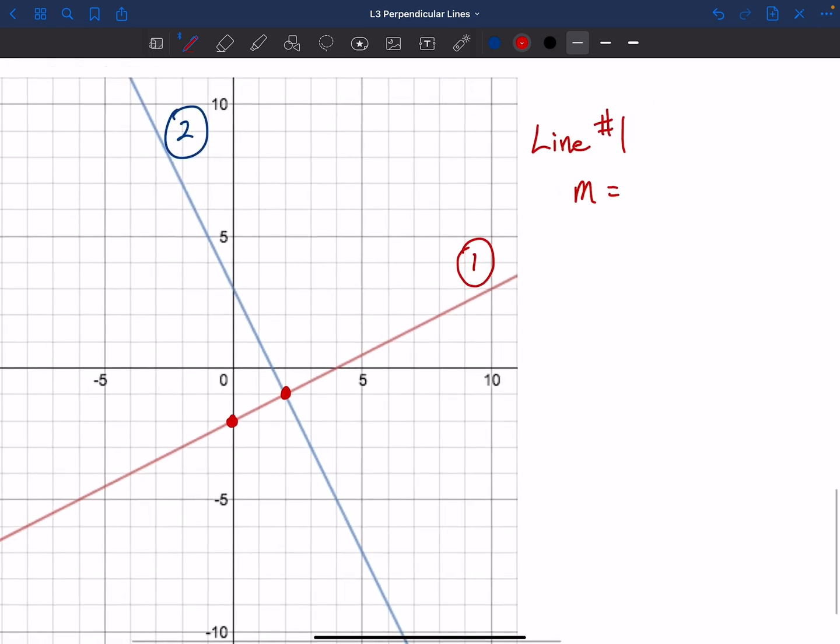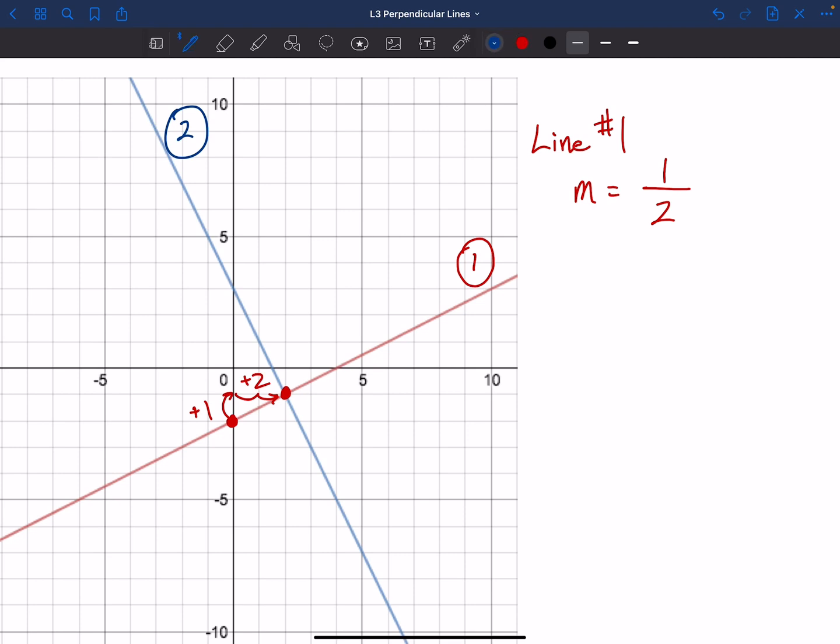My rise, going from one point to the other, is to go up 1, so +1. As far as my run goes, I need to run 2, +2. Oops, changed to blue halfway there. So my slope for that first line is 1/2.